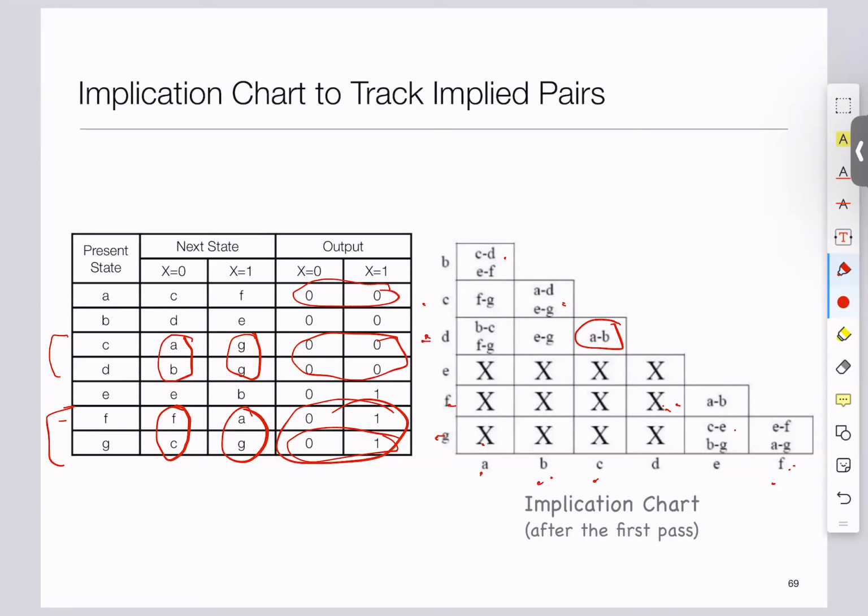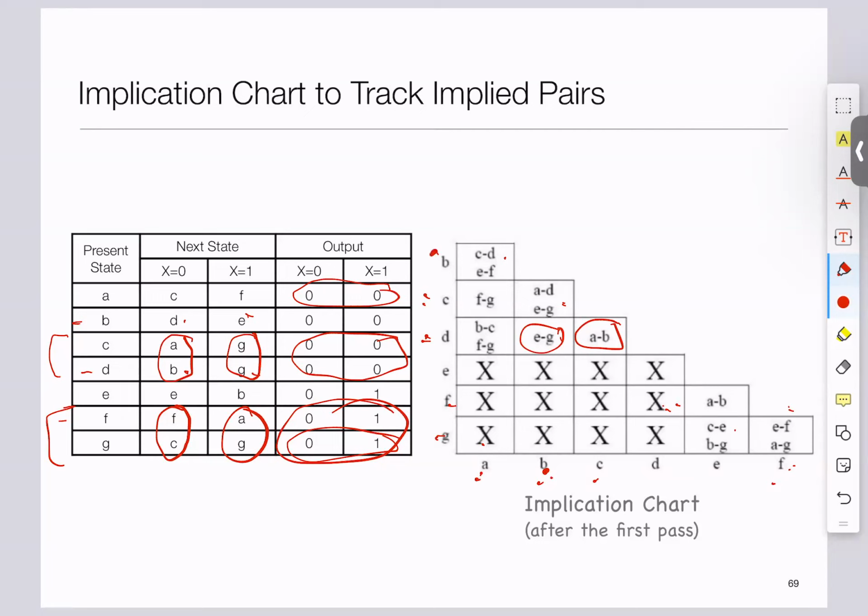So D and B are the same if D is the same as B and E is G, so that's good. C and B, okay, I'll come to this. I think I may have an error out here, but let's work through the others.